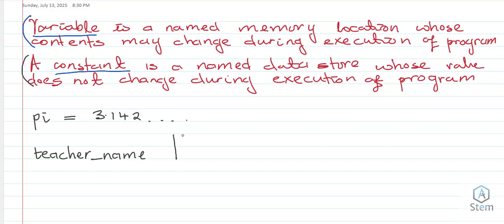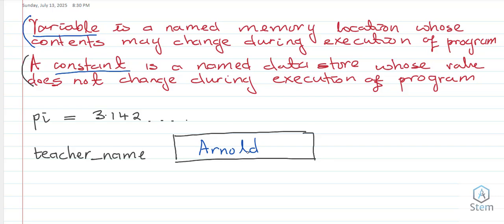So this box here represents the container or the memory location which is supposed to hold the value of the teacher's name. So the teacher's name here is going to be, say, Arnold. This is an example of text.